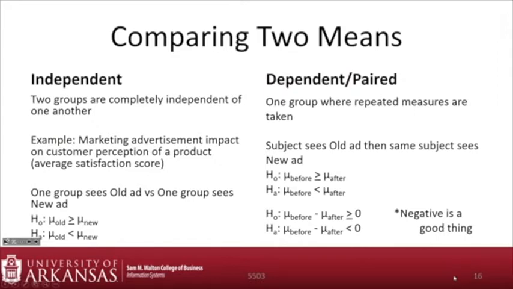Their old one is greater than or less than the after. So their change in how they're feeling about our topic is what we're going to measure. So we're not just measuring their satisfaction score. We're measuring the change in their satisfaction score after they've seen our ads. Does that make sense? Do you have any questions?